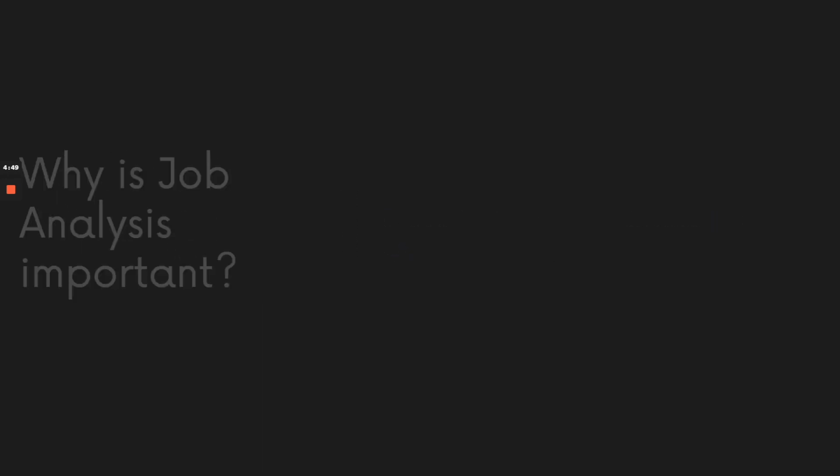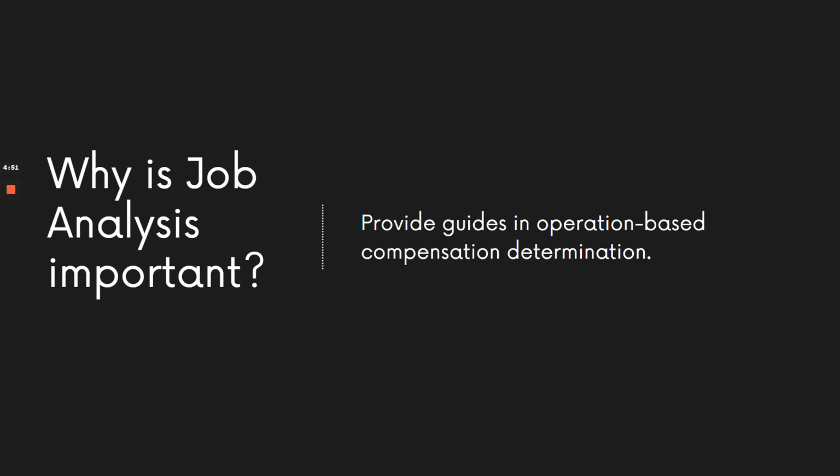The third reason why we do job analysis is to provide guides in operation based compensation determination. When we say compensation determination, that's the process of job evaluation that involves the relative peso value, how much to pay for each job in the organization, to set up equitable pay structures. So how much you pay an employee depends on the type of task or position.